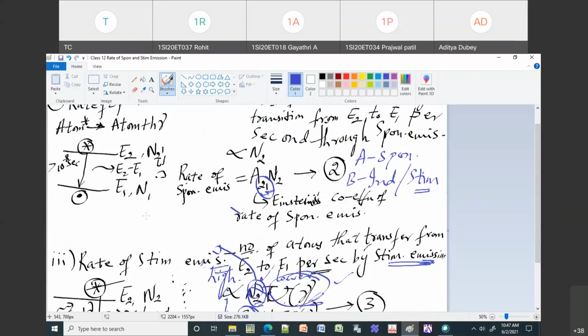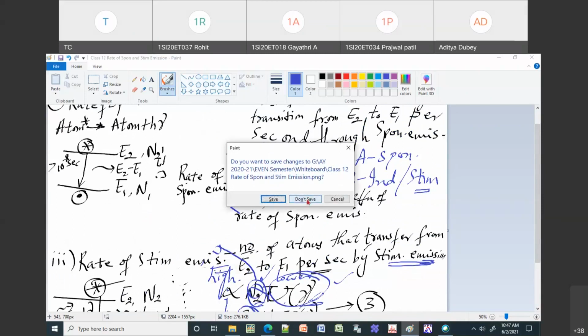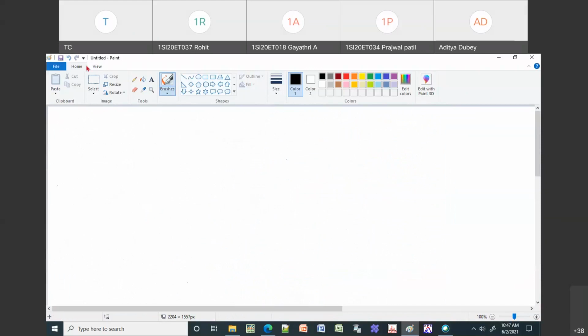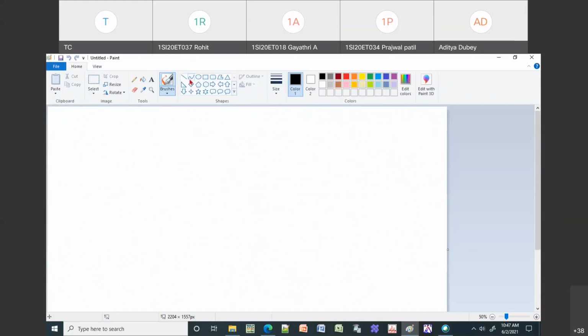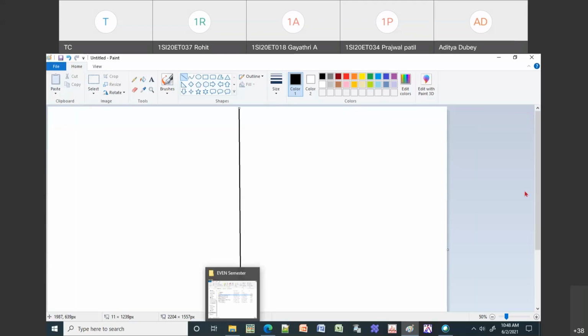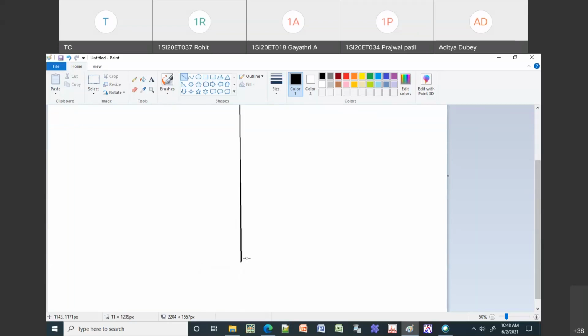We will write that again in the next slide. But before that, since we need to have a derivation, I'll divide it into two parts.